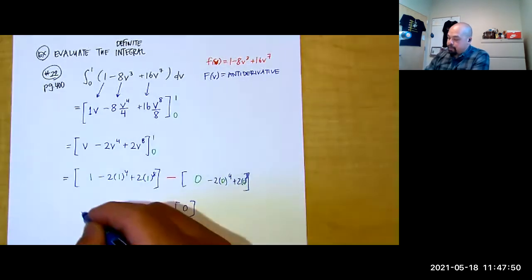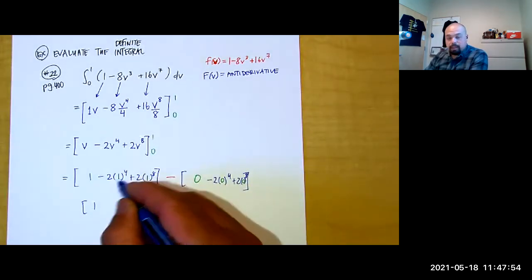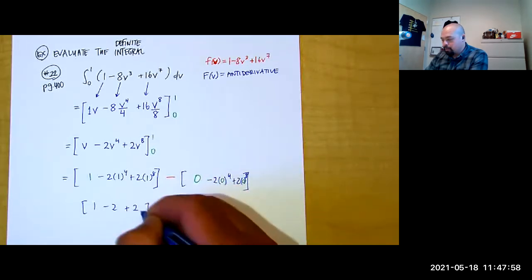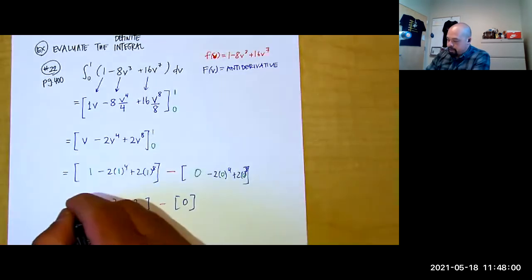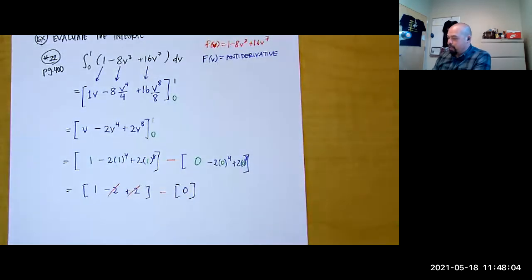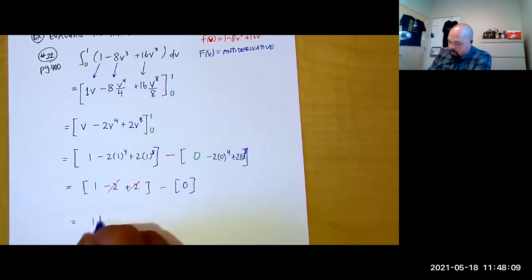Computing within that first bracket, my upper limit, 1 to the 4th is 1 times a negative 2, minus 2. 1 to the 8th is 1 times positive 2. So we're going to take negative 2, positive 2 go away, 0 goes away. So all that's left in the end is 1.